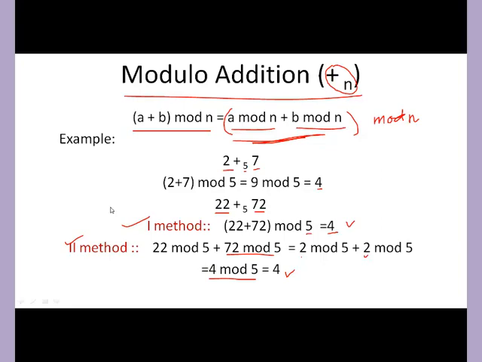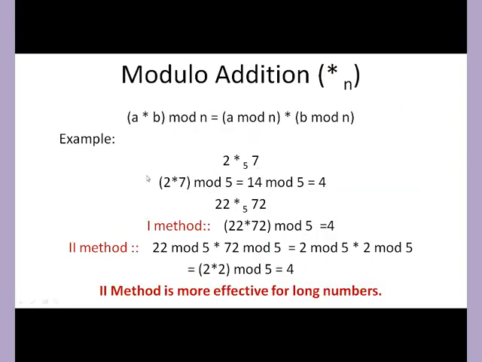This is arithmetic addition. Similar result holds for modulo addition and modulo multiplication. Sorry, it is multiplication. 2 into 7 is 14, and if we take mod 5, it is 4.